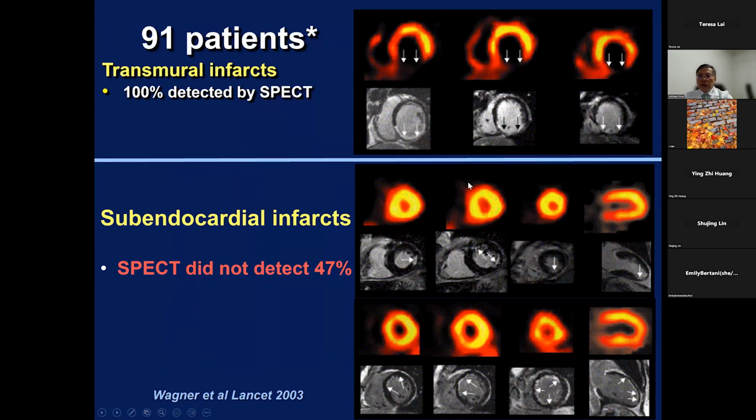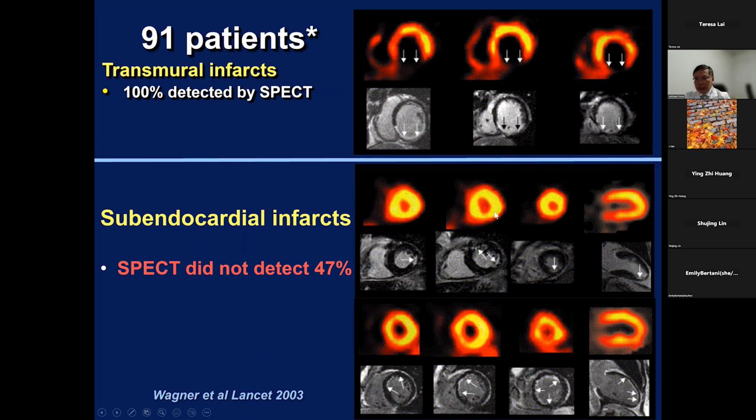And these are more studies showing how nuclear is pale in comparison with the MRI. Because in nuclear, all you see is just a gaping hole, but the MRI is able to tell you what the extent of the scar involvement is. More information is better.